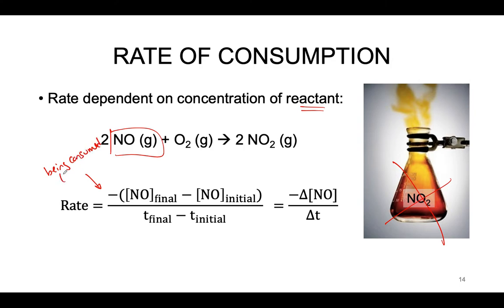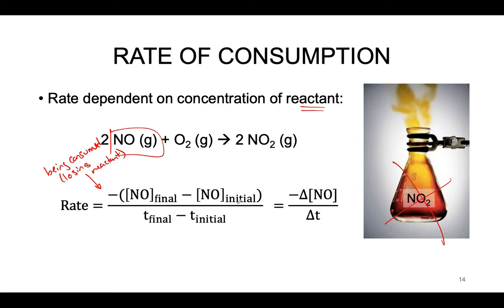We are literally losing reactant. As we lose reactant, we need to make sure that this rate is represented with a negative sign here. We'll be taking the final concentration of the reactant at some time point and subtracting out the initial concentration of the reactant at an earlier time point. So again, final minus initial, ending minus beginning.